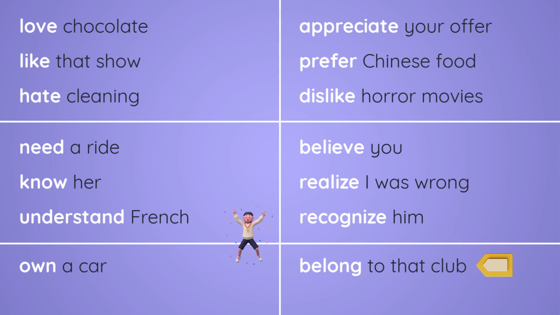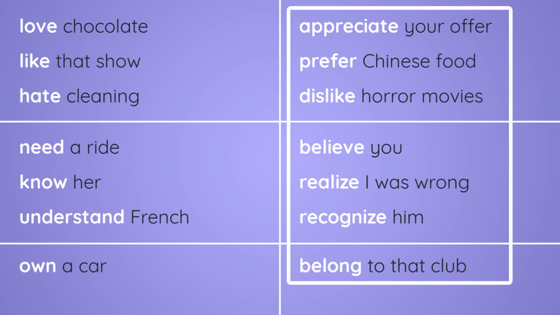And the last one here, I belong to that club. And again, belong in this context means I'm a member. I'm a member of that club. All right? So let's say these again. I appreciate. I prefer. I dislike. I believe.